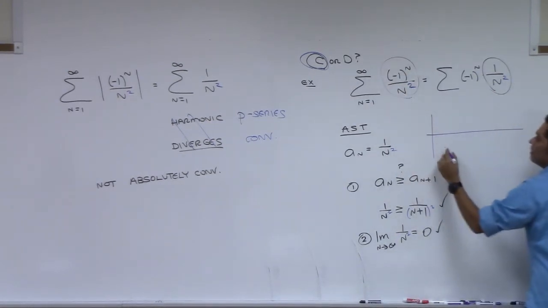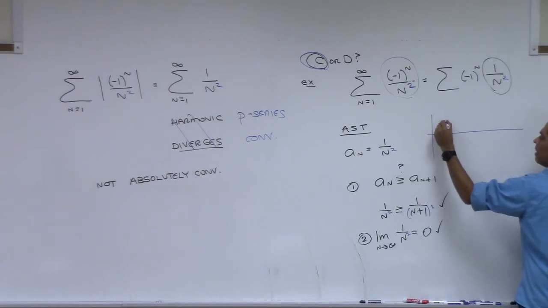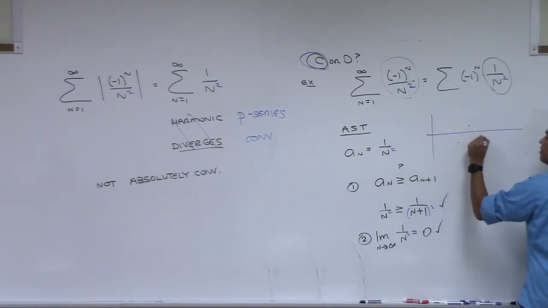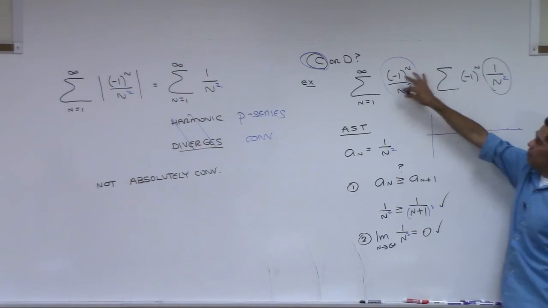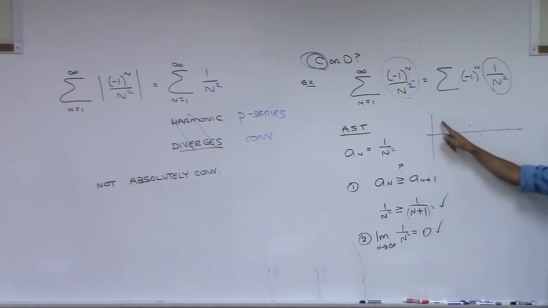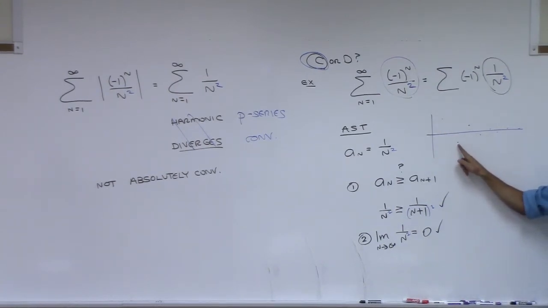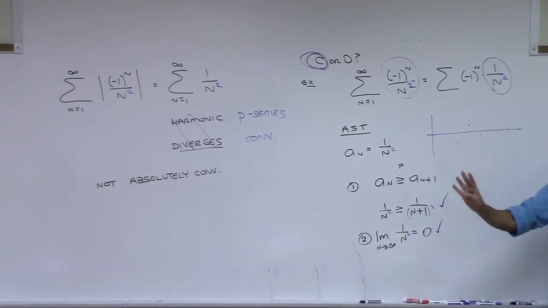You're going to be scattering like this, but approaching zero very fast, positive, negative, and then adding those up. We have concluded that if you add that number, then subtract, and then add, subtract, add, subtract, it's going to converge. That sum is going to converge to a number. I don't know what it is, but it's going to converge.